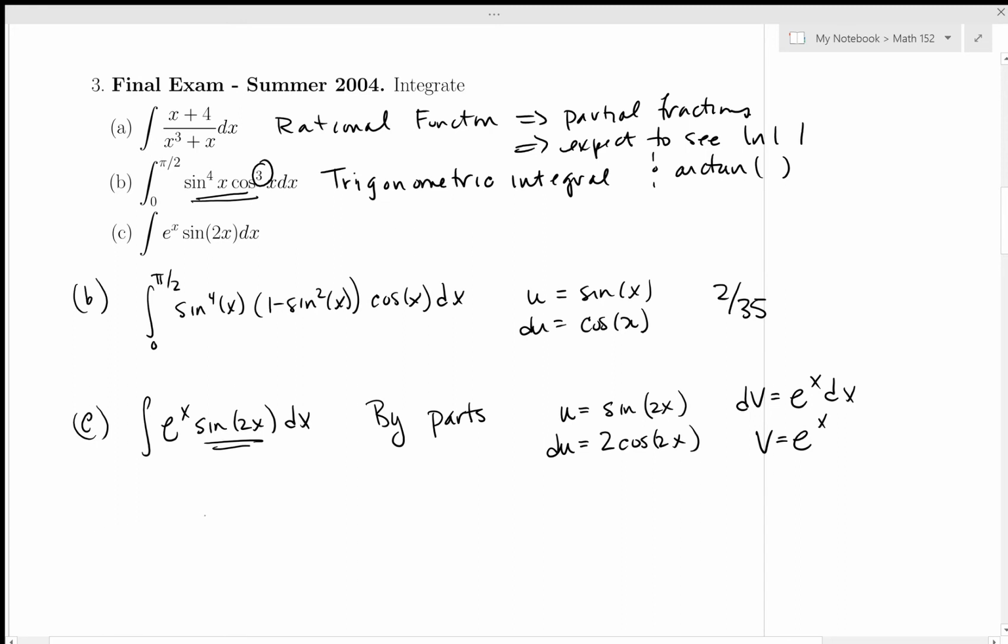The answer to this integral is 1/5 times sine 2x e to the x minus 2 e to the x cos 2x, plus a constant. Okay, so by parts twice.